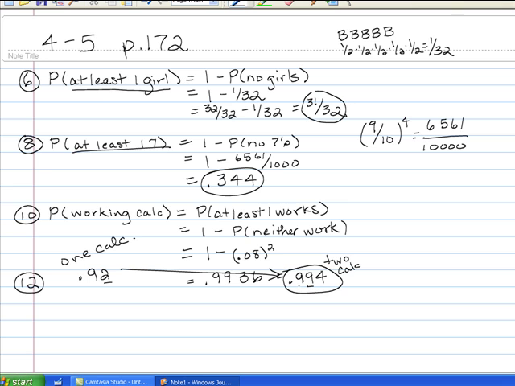Okay, number 12. If you make random guesses for 10 multiple choice questions, each with 5 possible answers, what is the probability of getting at least one answer correct, given that the first 9 answers are all wrong? Okay, if we know that the first 9 answers are all wrong, it doesn't matter whether they're right or wrong.